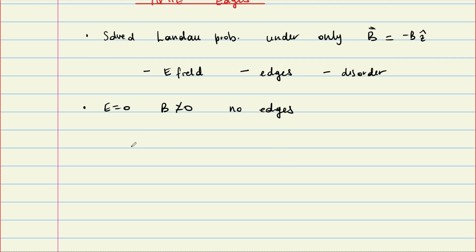So what we are going to assume from now on and in the rest of this chapter is that B is very large, and that means h bar omega, which is h bar eB over mc, is larger than any other scale. So we can forget about higher Landau levels. Then the problem will reduce to the physics of a single Landau level.